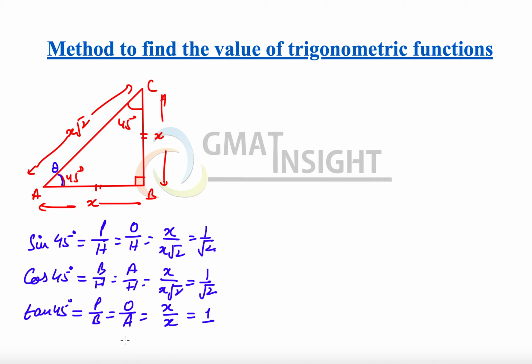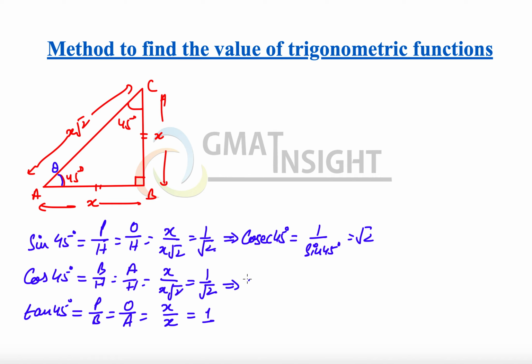This way we have found the trigonometrical relationships for these three, and sine, cos, tan can be converted into cosec, sec and cot respectively. So similarly we can find the value of the other functions as well. Cosec 45 degrees, which is equal to 1 over sine 45 degrees, will be equal to square root of 2.